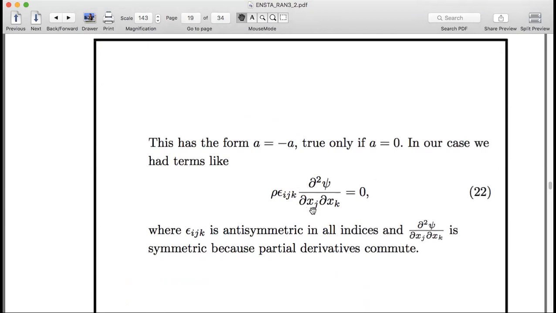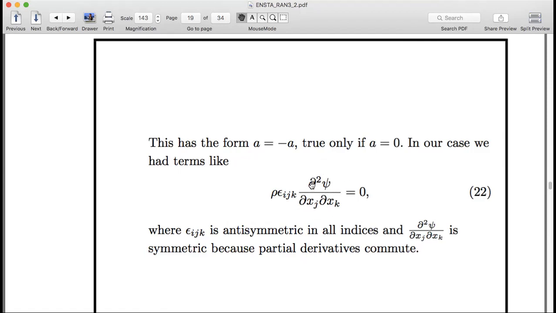Let's just look at that term and say why it equals 0. It equals 0 for the same reason that you have a 0 when the pressure is here instead of the psi. The reason it's 0 is that if I interchange j and k, epsilon ijk changes sign from -1 to +1, say, but this derivative doesn't change sign.